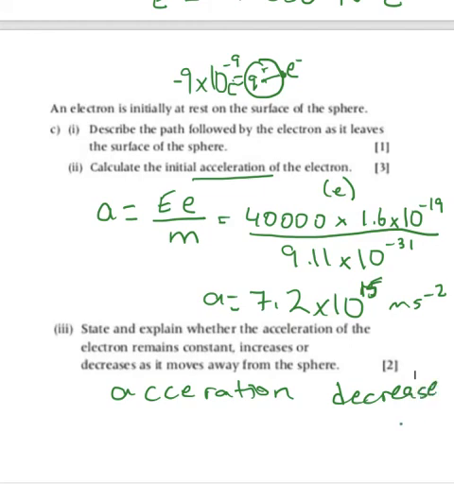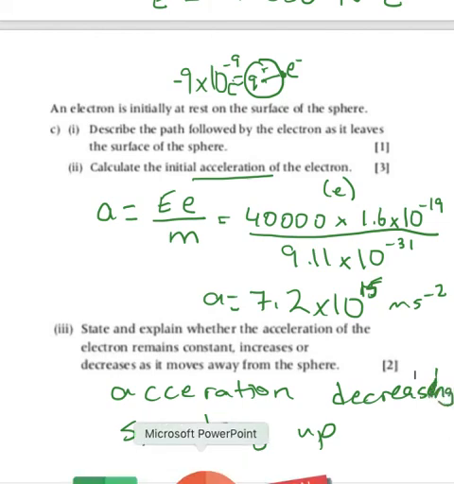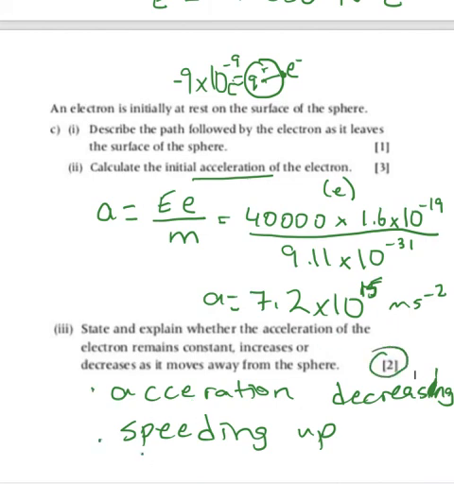But that doesn't mean it's going to slow down because there is still force pushing it away. So it will be speeding up with acceleration decreasing. Let's write it like that. Speeding up with decreasing acceleration would be actually the 2 marks, 2 points that you would make in this question. Thank you.